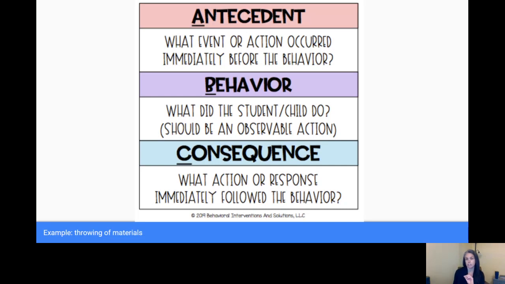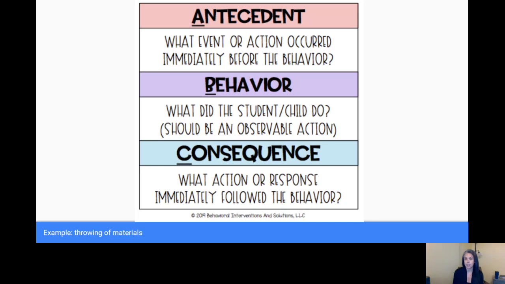I don't think I touched on this very much the other day, but a consequence truly can be positive or negative. It can be a desirable outcome. So a consequence for good behavior is a hug, or a high five, or a way to go, something like that. That's what happened directly following the desirable behavior.